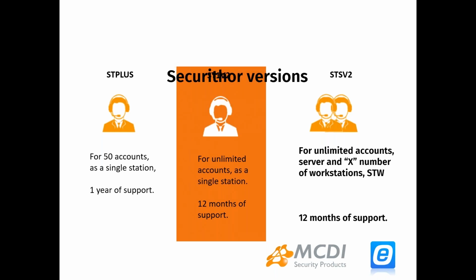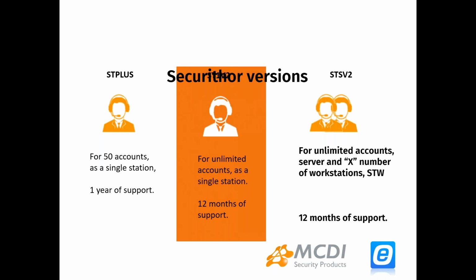From 50 accounts to 200 is a single station, and you have 1 year support, but it's a license that you have to renew every year. Then we have ST1V2, which is for unlimited accounts, and is a single station. You have 12 months of support.